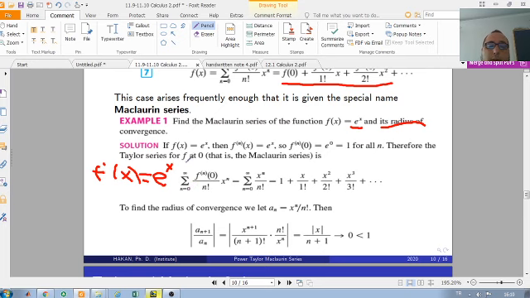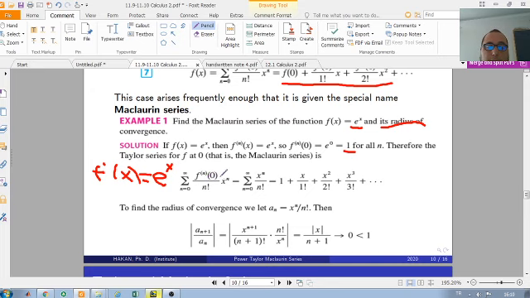Namely, we have the same function for every derivative of exponential x. Therefore, generally we write the nth derivative of f is also equal to e to the power x, and you know, the Maclaurin series can be obtained by writing 0 for a. Therefore, we write 0 for x, e to the power 0 becomes 1.